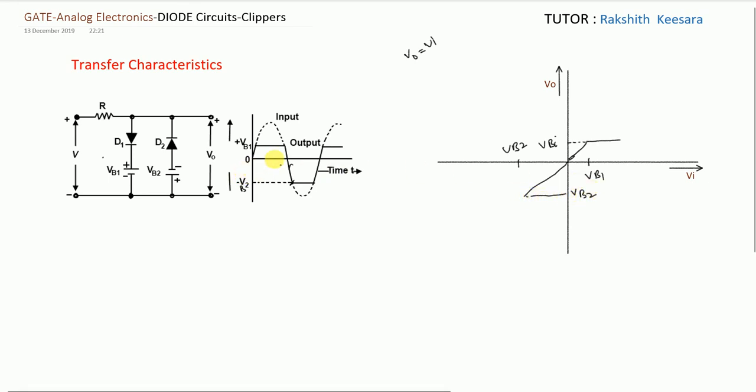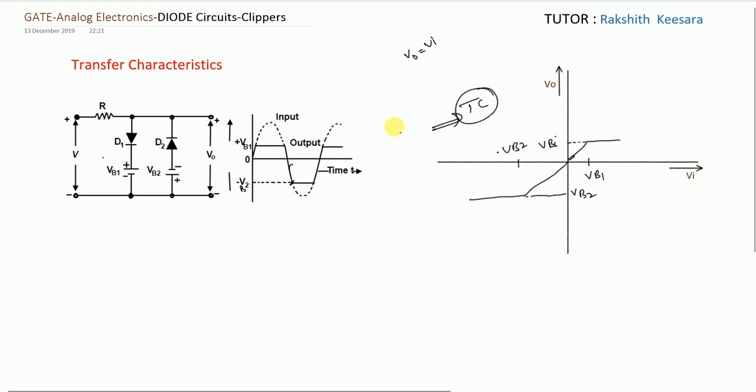And whenever V input is greater than minus VB2, V0 will stay at minus VB2, like this. So these are the transfer characteristics, guys. They are very easy. You can draw this. So I explained only for this. Take the normal series clipper, shunt clipper, and try to draw the transfer characteristics. I hope you will do it. You will do that.